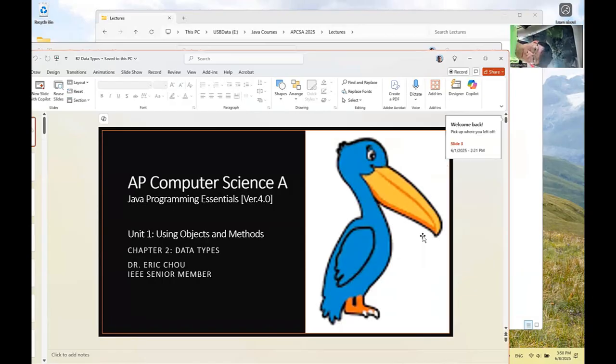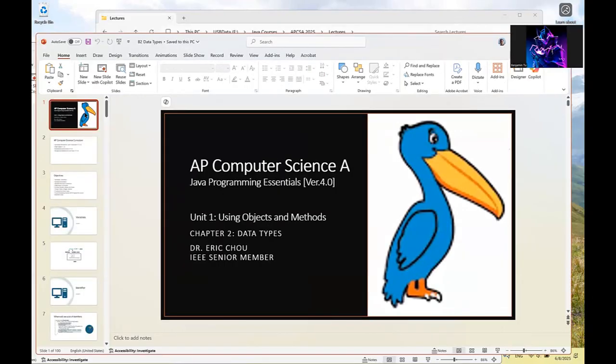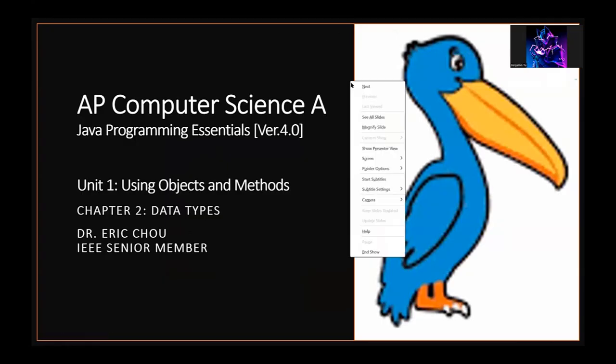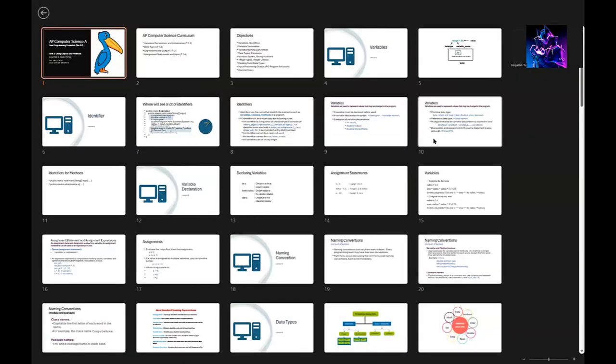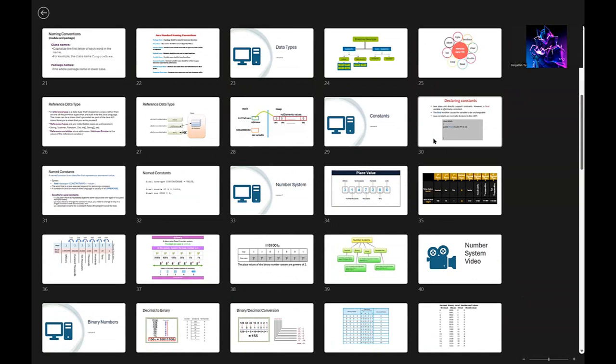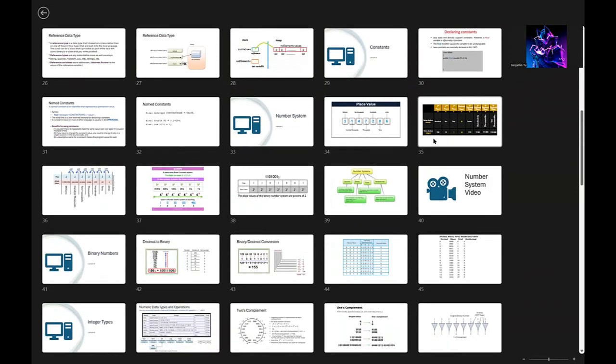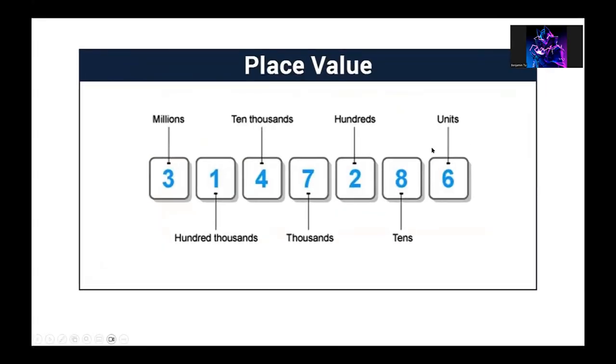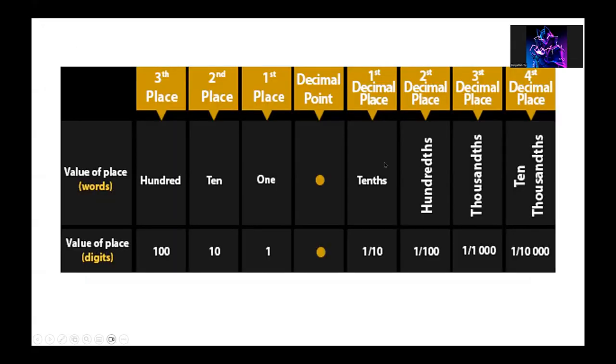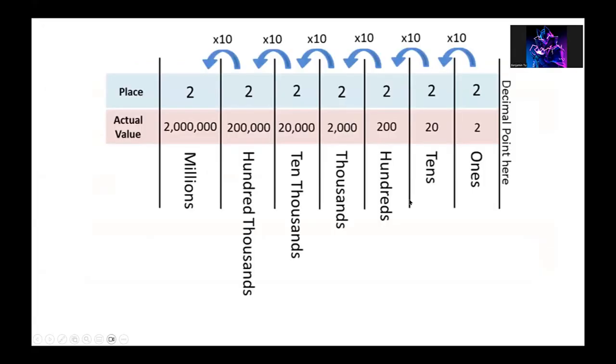We are going to talk about two's complement. First, the number system we are using has digits and values, and different digit, decimal point, and place.